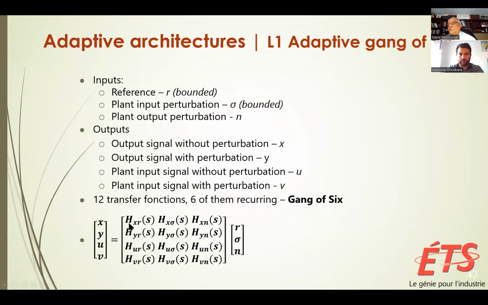Finally, what we have now are the transmissions between output, input, plant, and various points in the feedback loop with the input and the external and internal perturbations, which we call the gang of six.